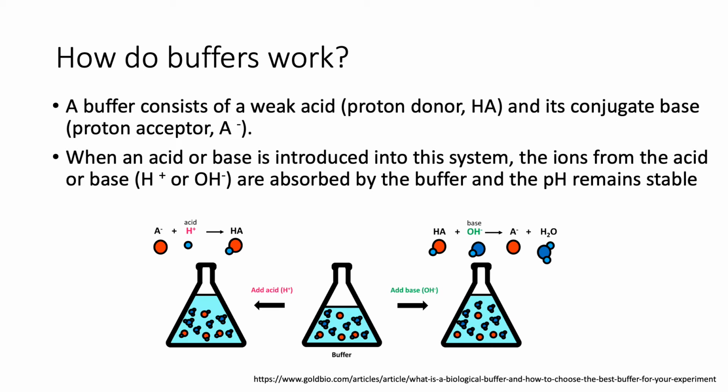If you add a base, if you look to the right, the base, rather than reacting with the water, can react with the weak acid we have in our system. Therefore nothing is reacting with the water, and nothing is changing the pH of our solution, as long as we have sufficient amounts of that conjugate base and weak acid in our buffer system.